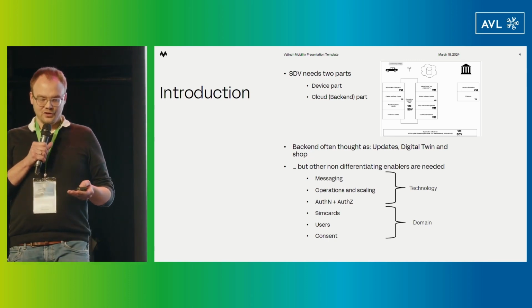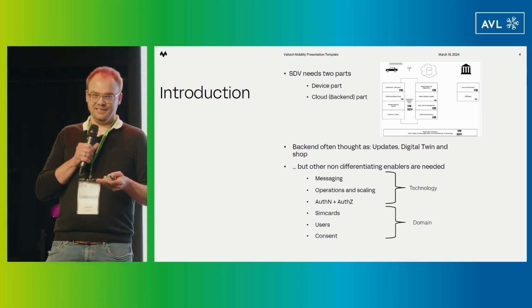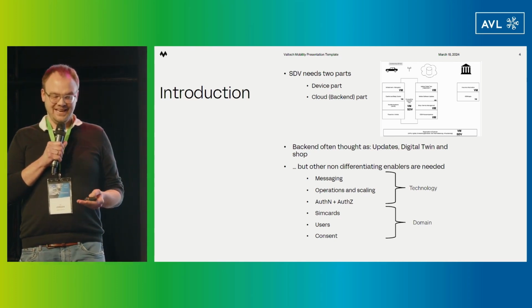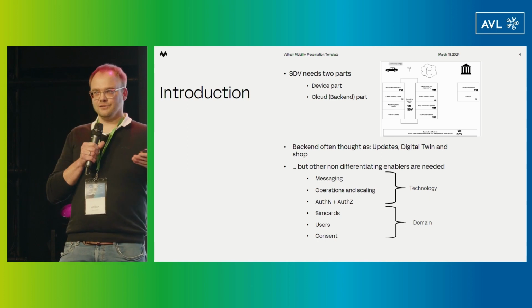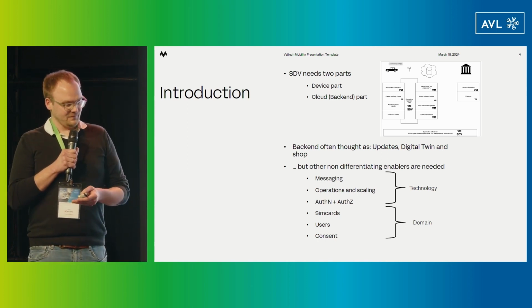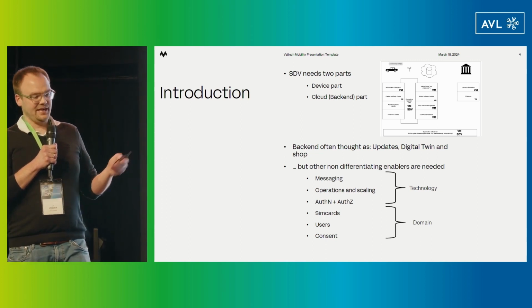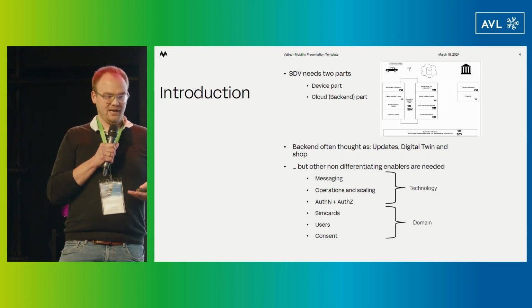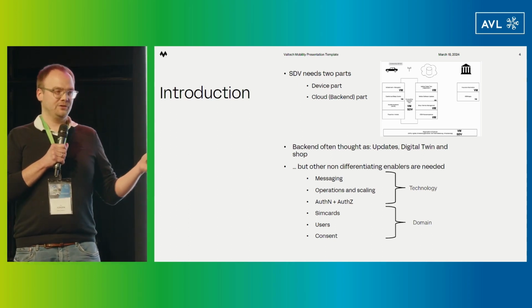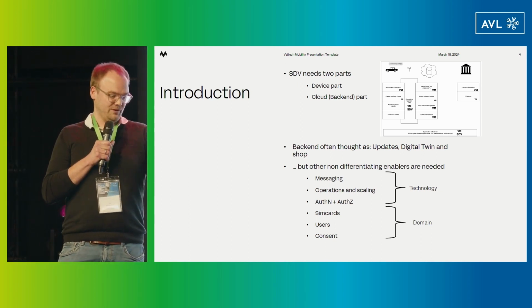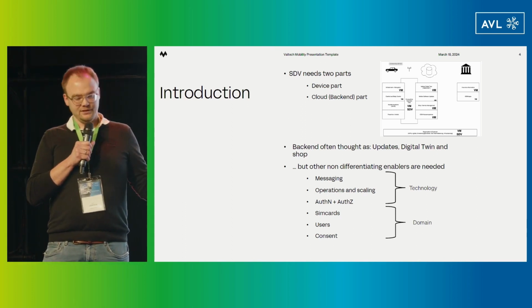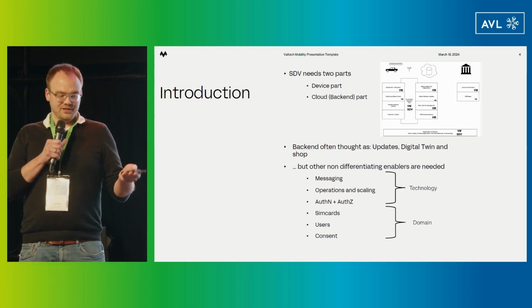Most often, operations and scaling are an afterthought, but we want to emphasize that it's really important to think about how to scale your system before those challenges come up. And also authentication and authorization. Do you want to provide your own certificate management, or use certificates from a third-party system? Do you want to use tokens? How do you integrate with your OEM systems and so on?